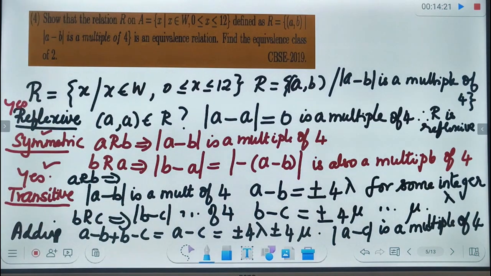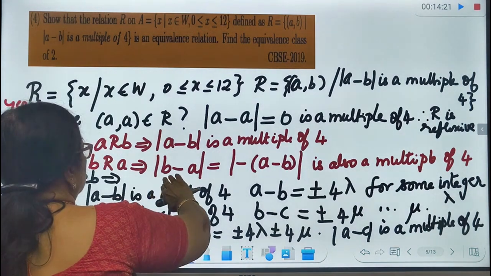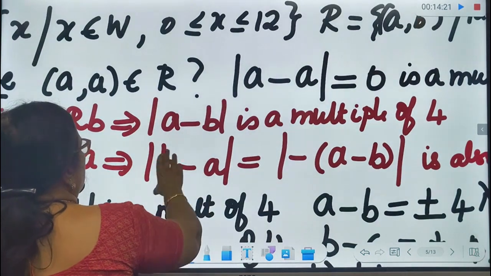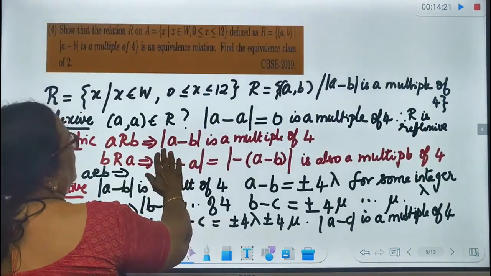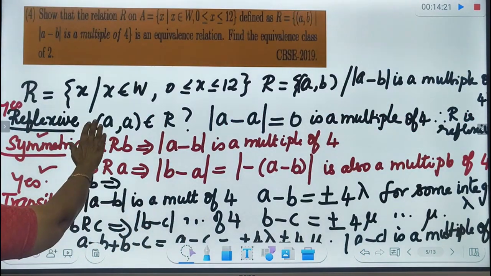Therefore, the relation is transitive. Is it clear? Therefore, the relation is transitive. Now, there is one more question.